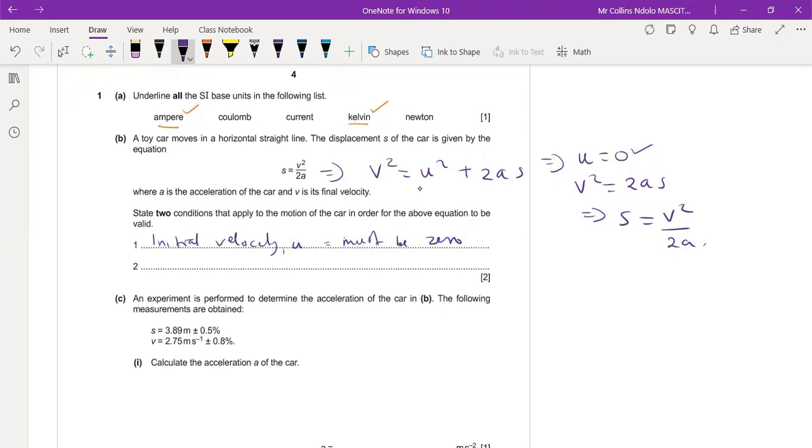Then the second condition is that this equation applies if the magnitude of acceleration remains constant. It is not applicable where there is a changing value of acceleration.